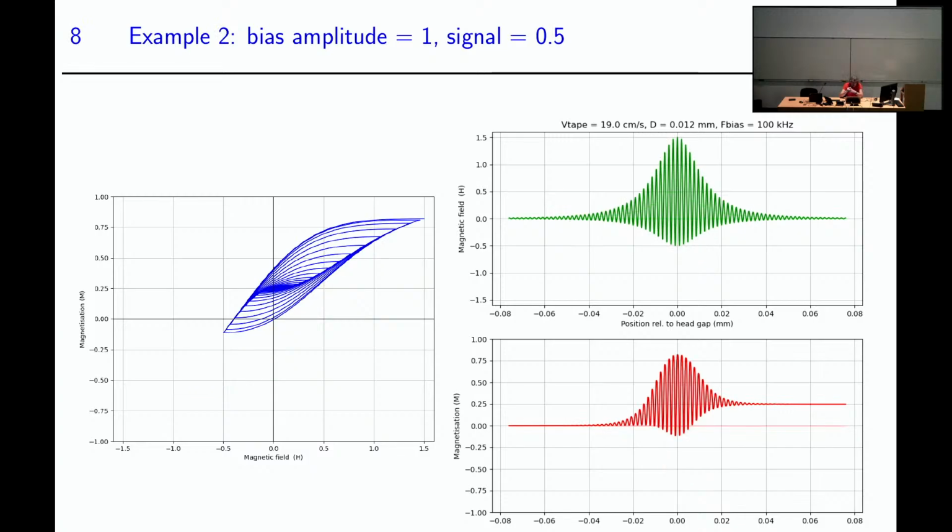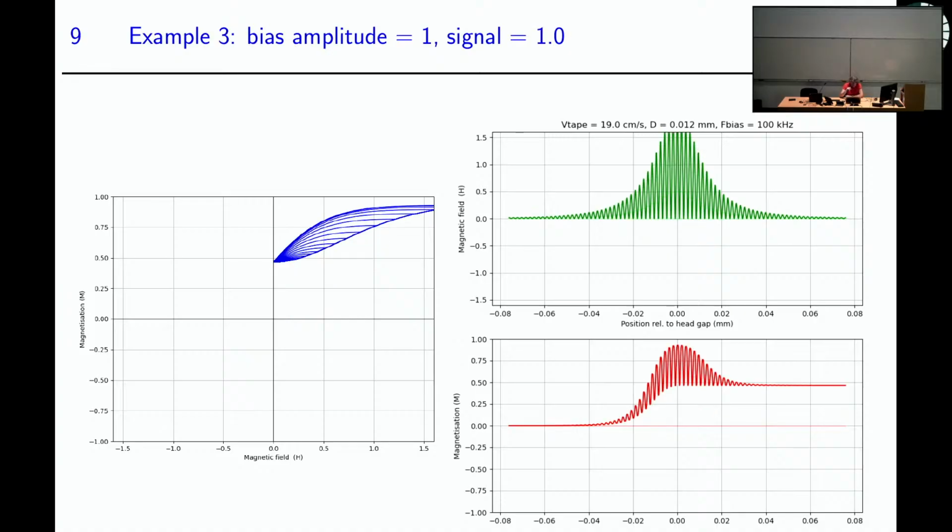the same high frequency bias signal, and we add 0.5, so half of the bias amplitude of DC, then we get this situation. And here, this also converges, but in this case not to 0. And we can increase the signal to 1. This is actually what happens every time the tape passes by the recording head.